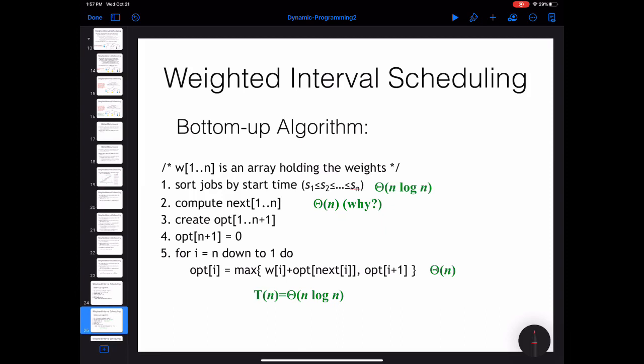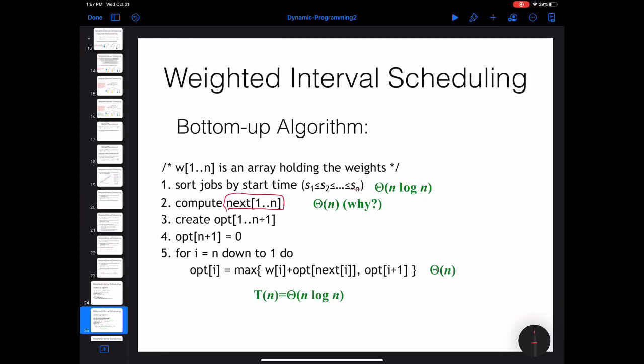So what is the time complexity of this algorithm? Sorting the jobs based on the starting point is going to be n log n. Calculating next for all the jobs can be done in linear time. This is going to be a nice algorithm if you are not getting it immediately.